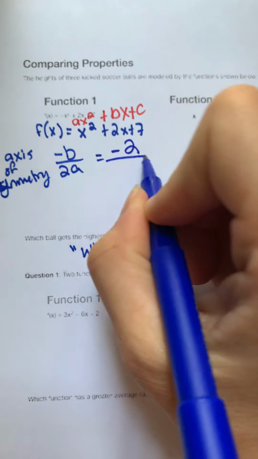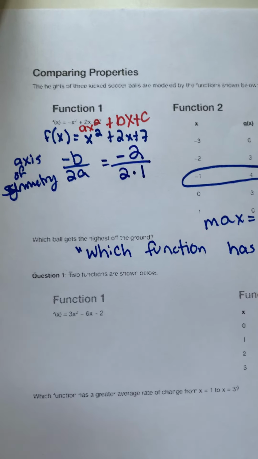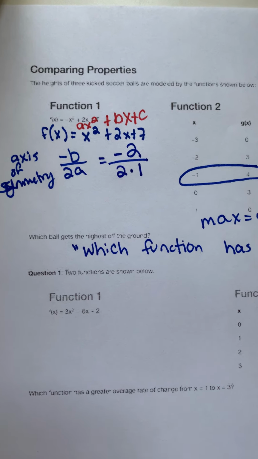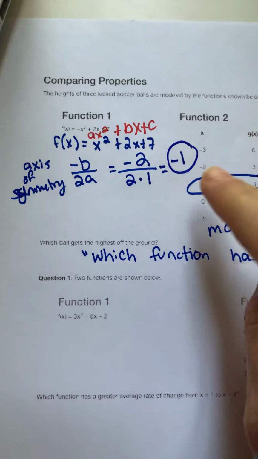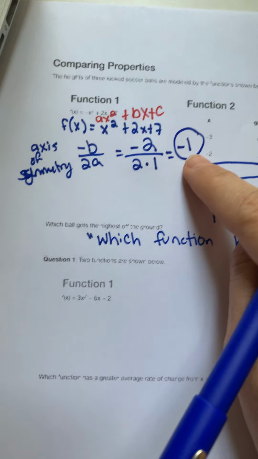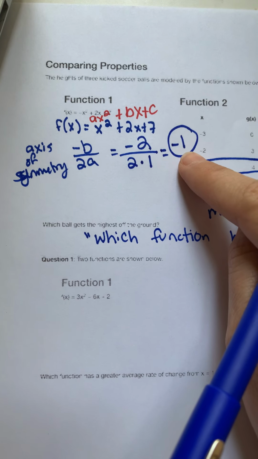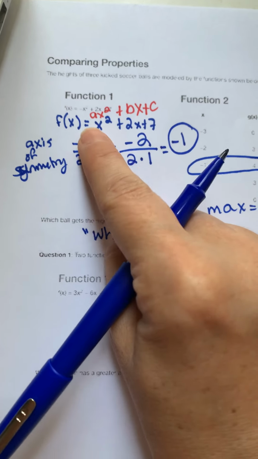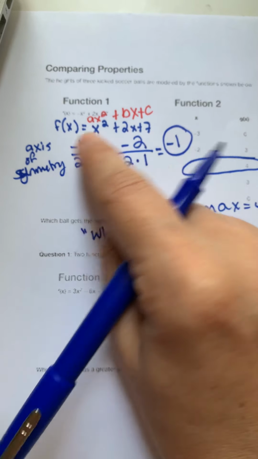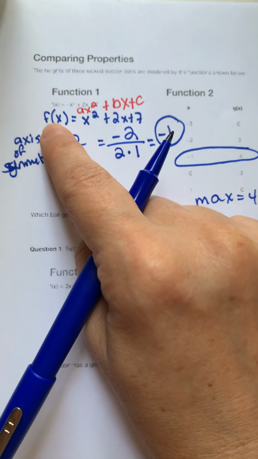So it's negative 2 over 2 times 1. Negative 2 over 2 is negative 1. So my axis of symmetry is at x is negative 1. Still doesn't give me what I need. I have to go back and plug in the x of negative 1 to solve for y.